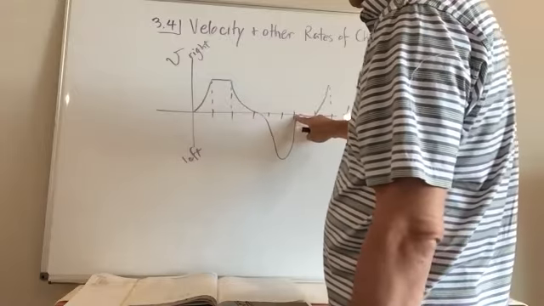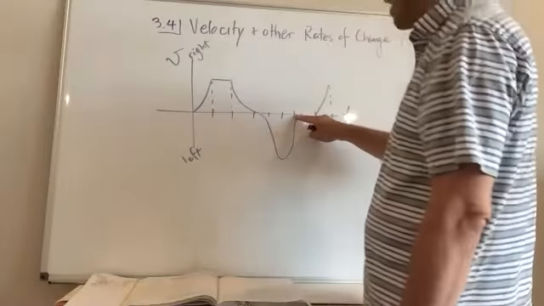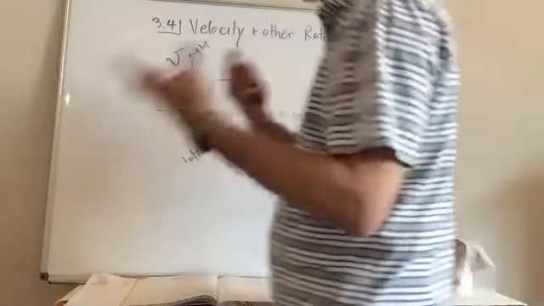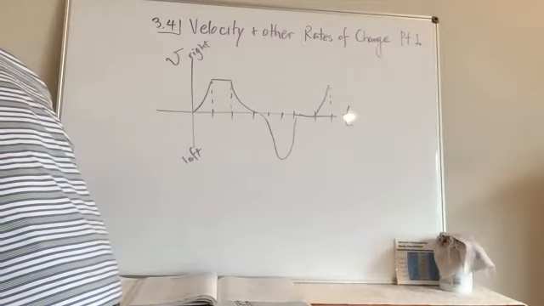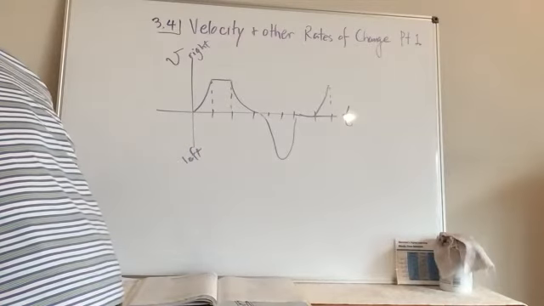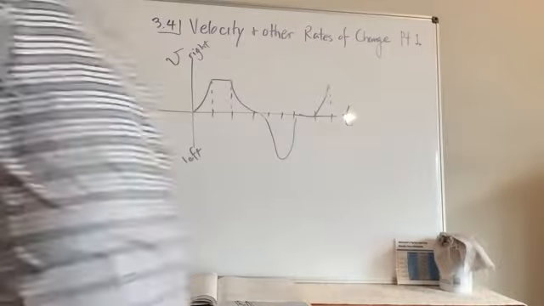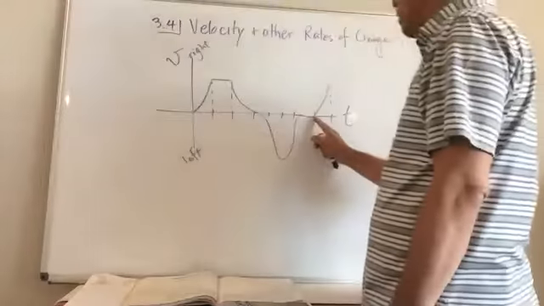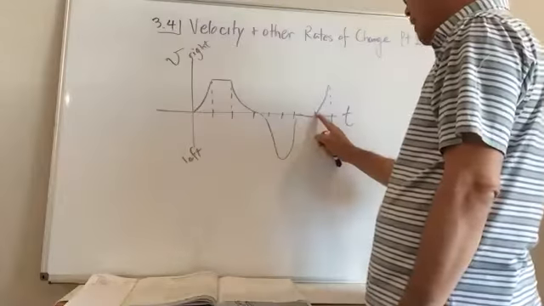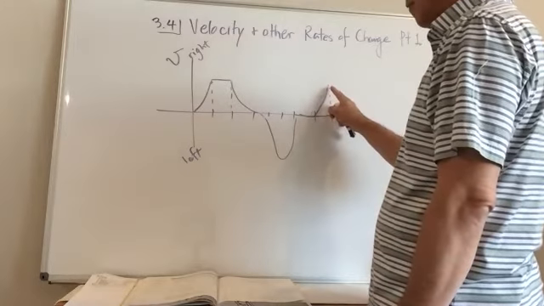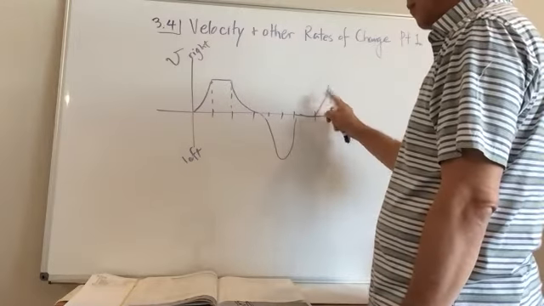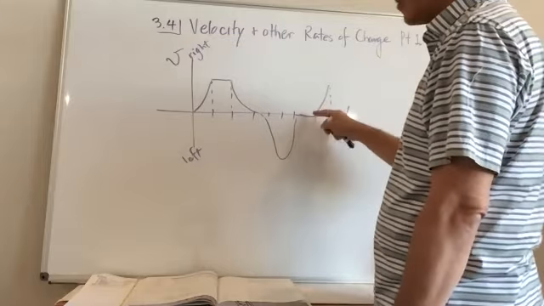Then here my velocity is 0, which means I am at a stop. I stopped from here to here. Then I accelerated back to the right, because velocity is positive.